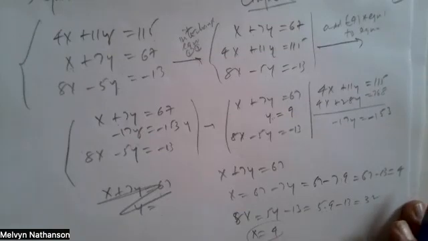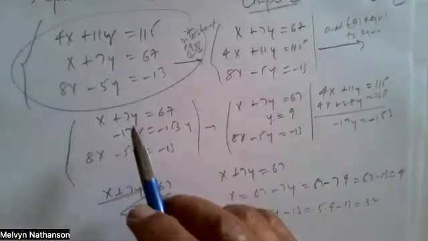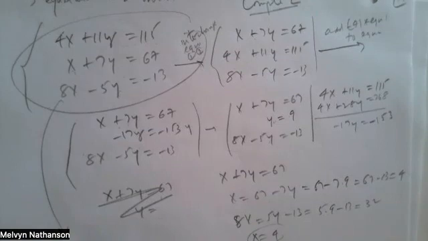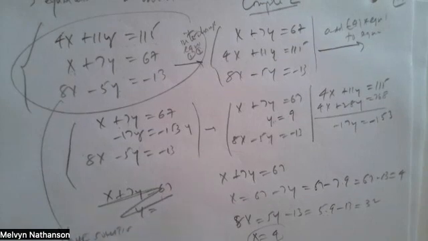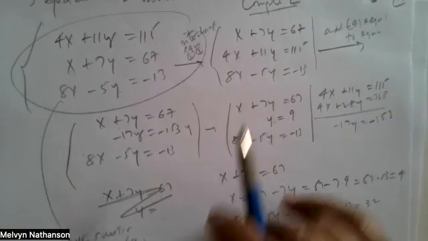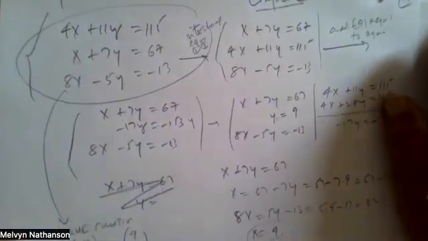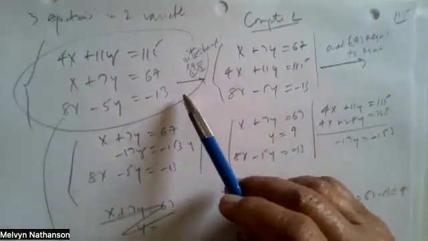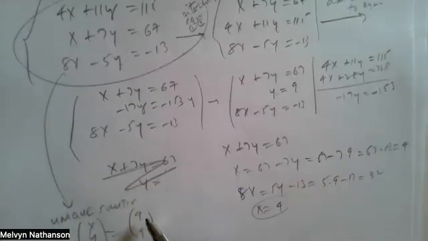So without doing very much work, I found that this system of equations actually has a unique solution, (x, y) equals (4, 9). This system of equations has exactly one solution, (4, 9). You plug in x equals 4, y equals 9. It works.